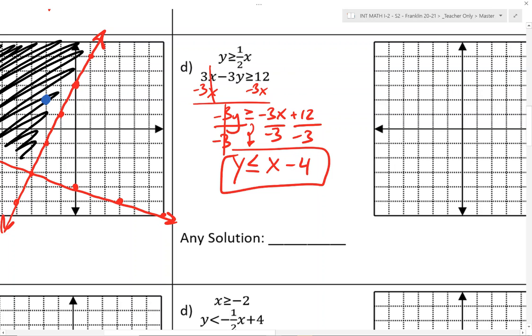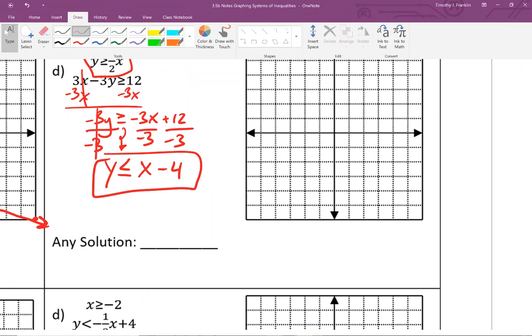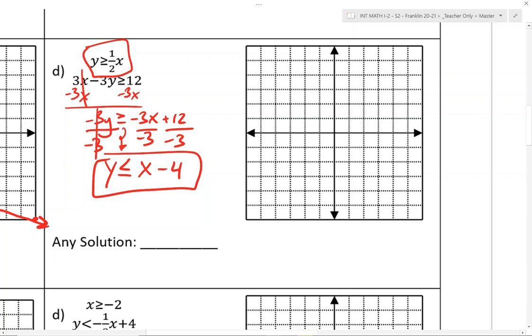So we'll need to graph this and this one here. That first one, y is greater than or equal to 1/2 x, has an intercept of 0. So it starts at the origin and goes up 1 over 2, or down 1, left 2. It is a solid line because it has the equal to bar there.